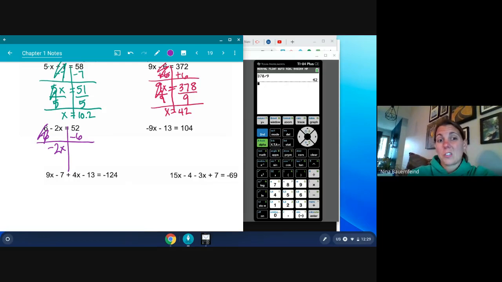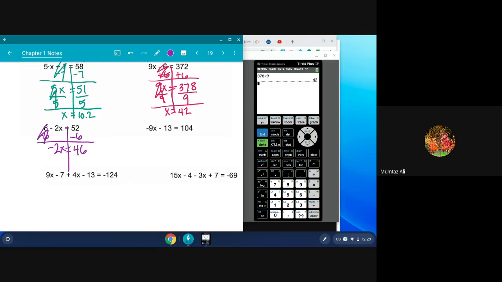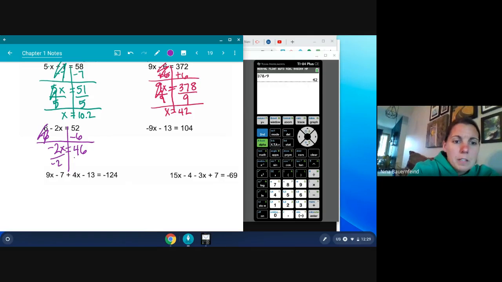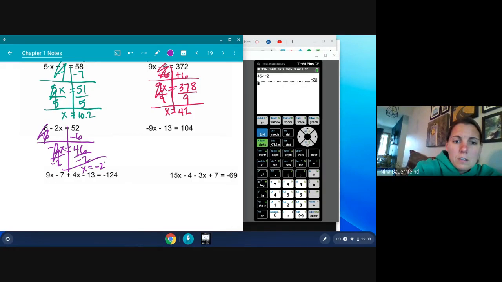This is where your answers will come in wrong. Make sure you drop that negative with it. 52 minus 6 is 46. And then what do we do? Divide -2. Good. And you get x equals -23.